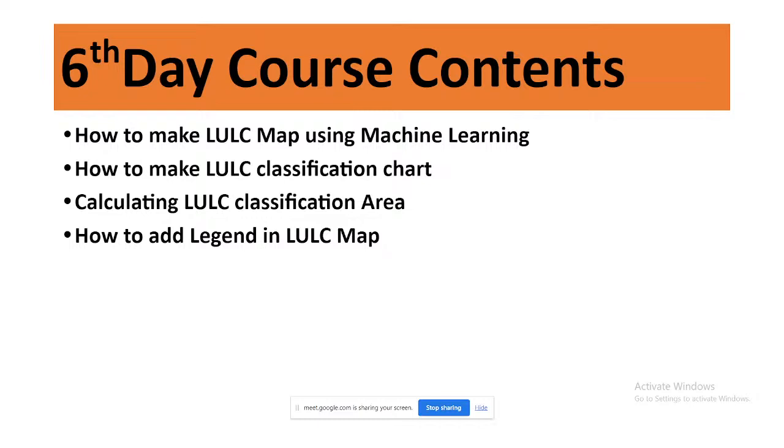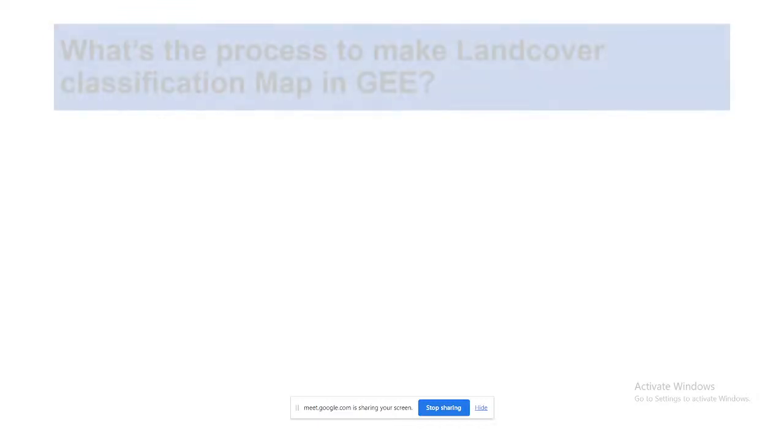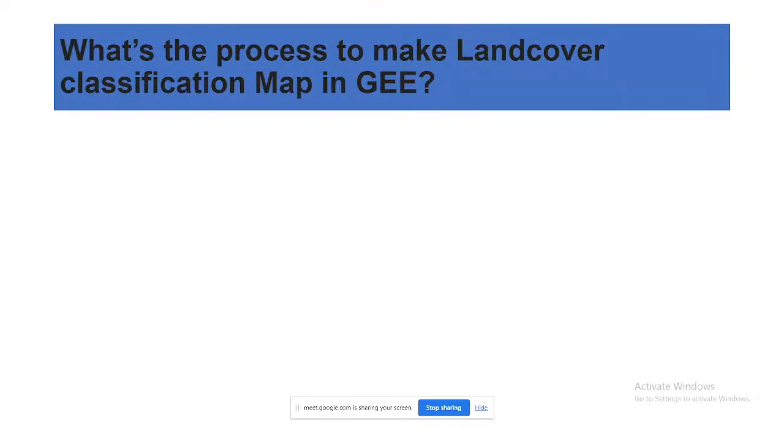Then how we can easily calculate the land use land cover classification area, and how to add the legend on your land use land cover classification map. A lot of things we will discuss. When you want to make the land use land cover classification, it always follows some process, and this process is the same when you want to make any types of classification.